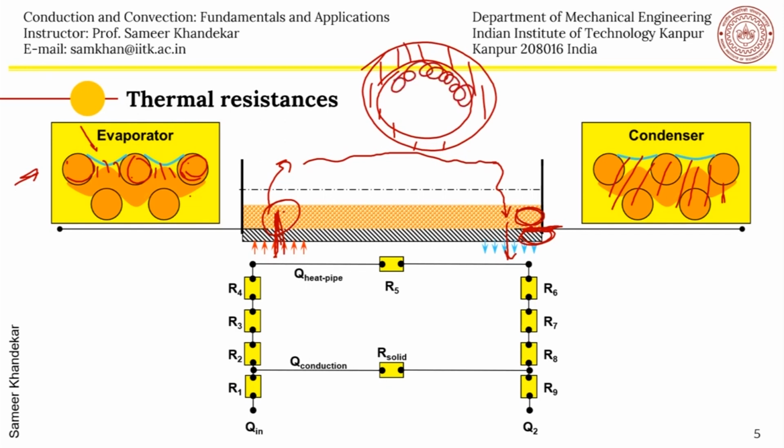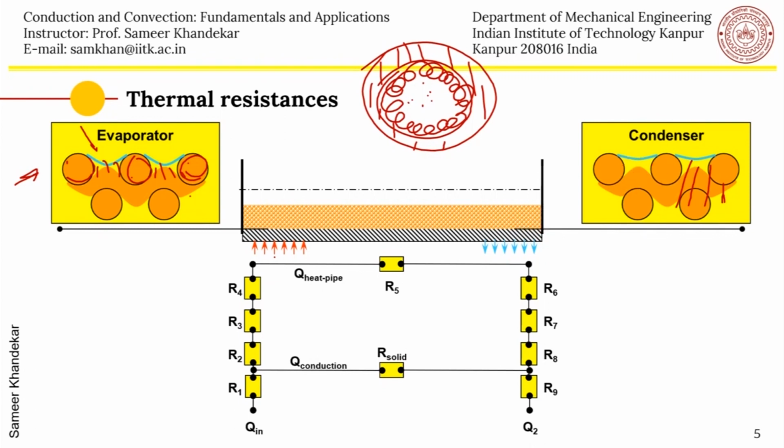So as you can see, we have talked about resistances of different types which are encountered in this heat flow. So let us look at the resistances R1, R2, R3, R4, R5, R6, R7 and R8. And then there are two parallel resistances, the solid resistance in the tube and the resistance because of the heat which is taken by the vapor from this location from here to here.